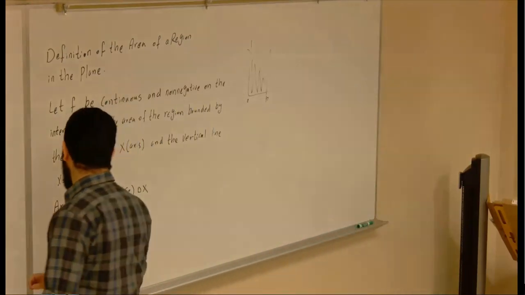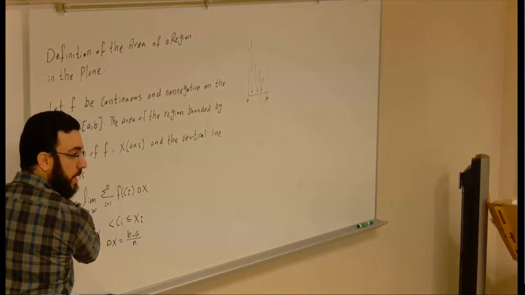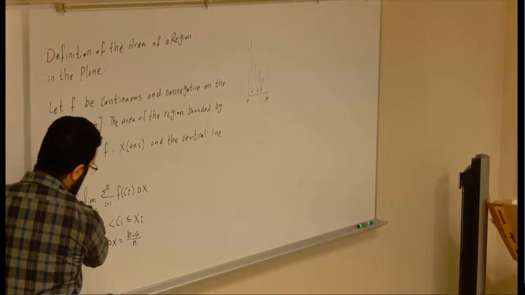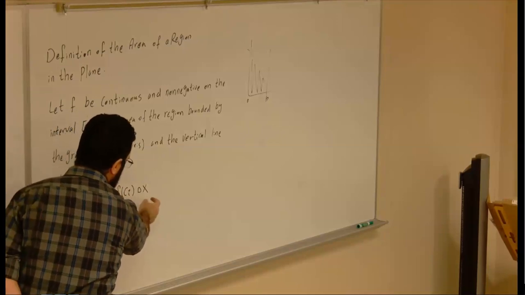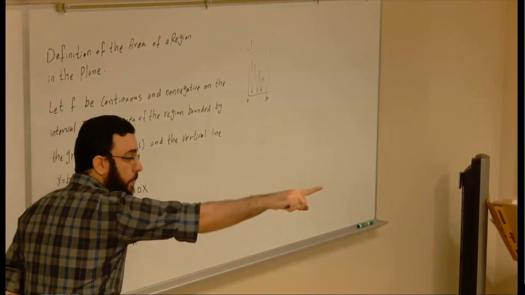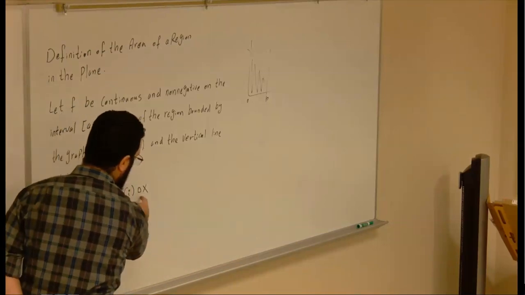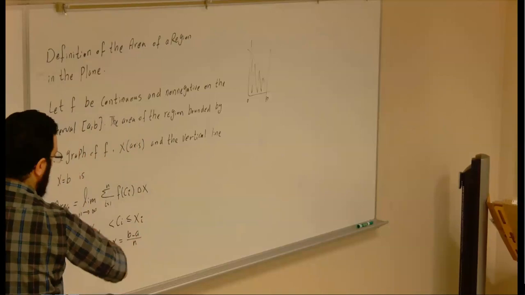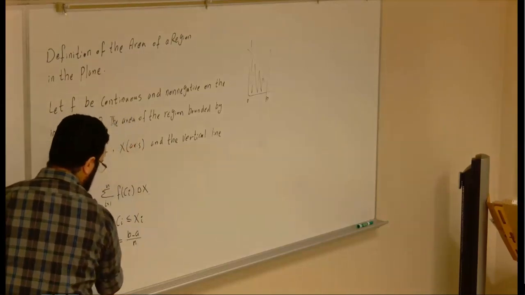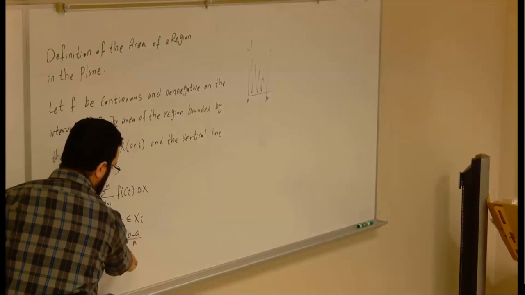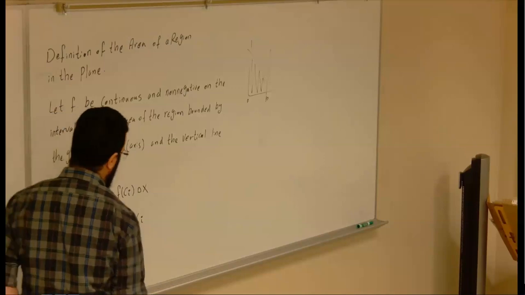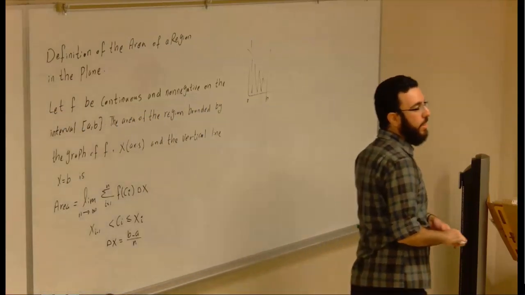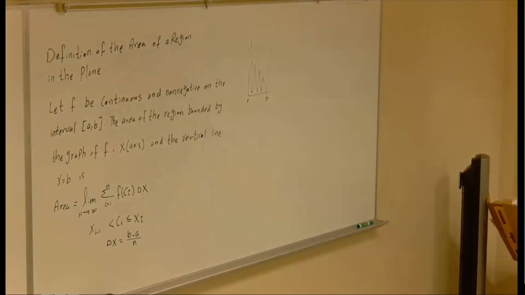Why? Because for the area, we're going to take the limit as n approaches infinity of the summation of f(c_i) times delta x. This is the distance, 0.4, between two rectangles. Delta x is going to be (b minus a) divided by n, and c_i is the point you're going to find on the x coordinate. Here's the graph.